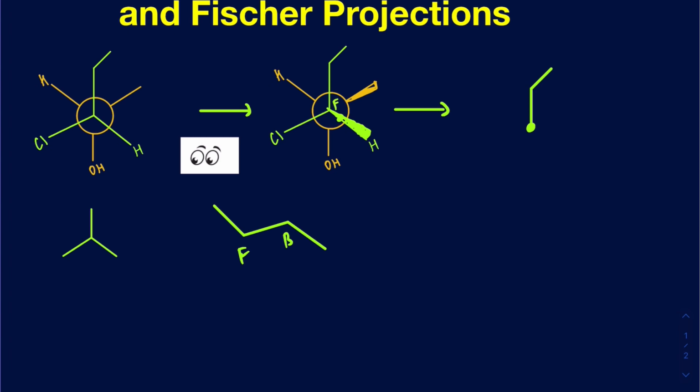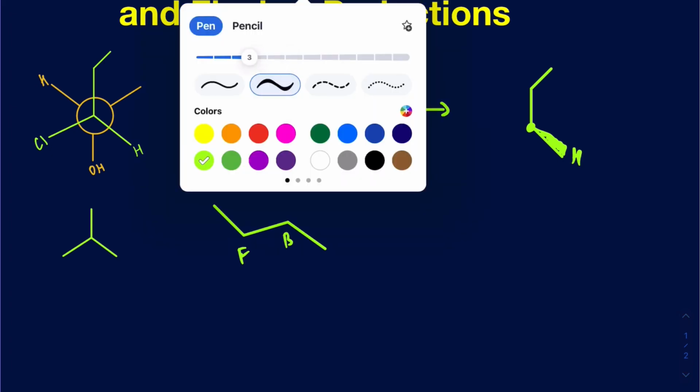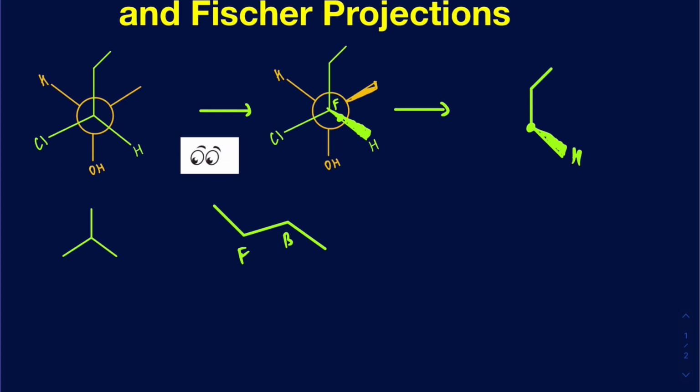So remember, this is the front, and then your hydrogen is on the right side here, and that's coming out of the page. So I'm going to go ahead and draw that exactly how it looks. And then I'm going to have chlorine that's going to be going back in the page. So these guys are going to be going back in the page, and I'll draw that as it is.